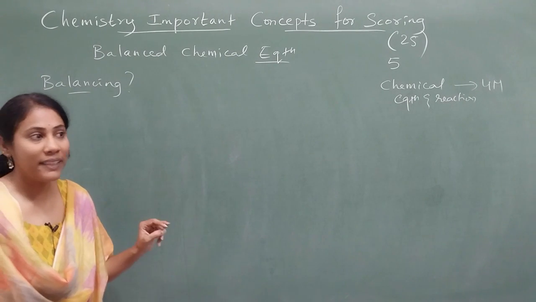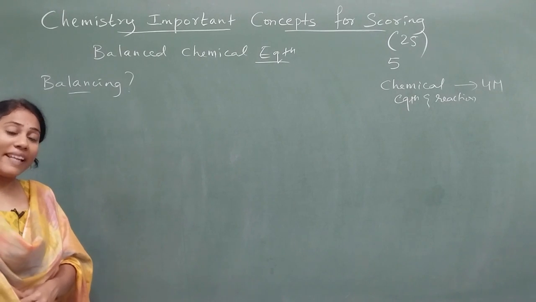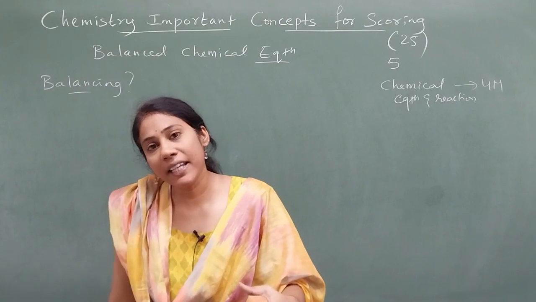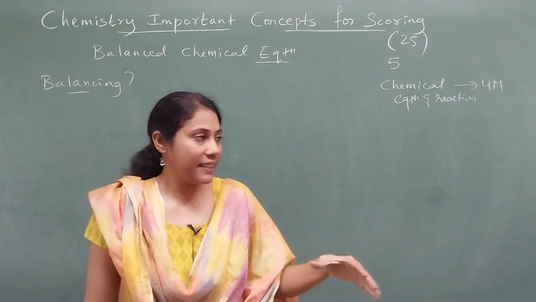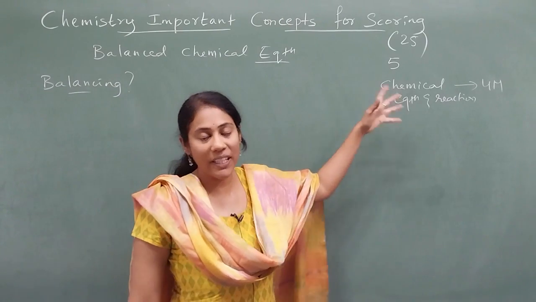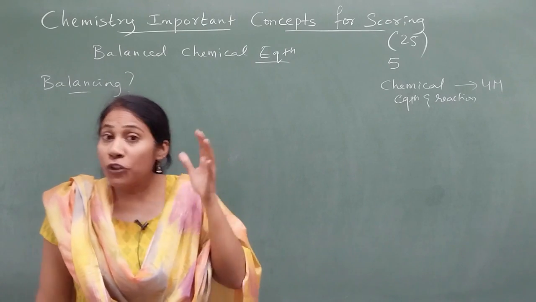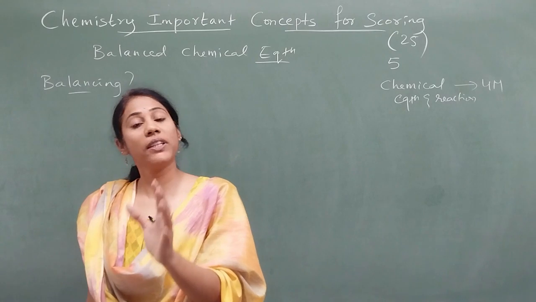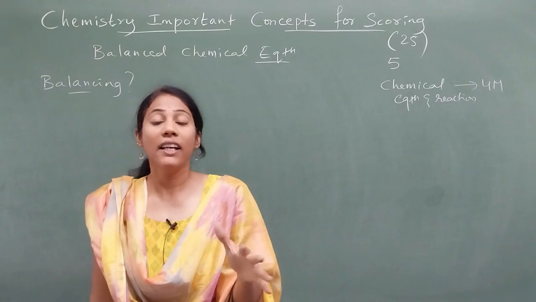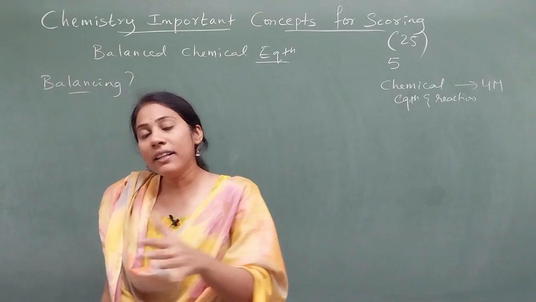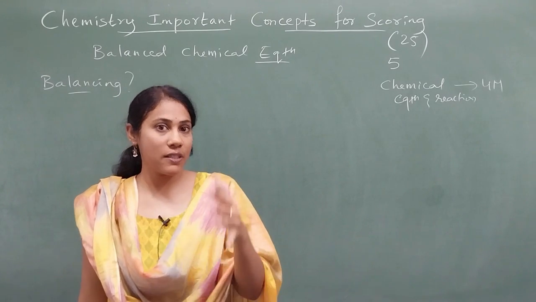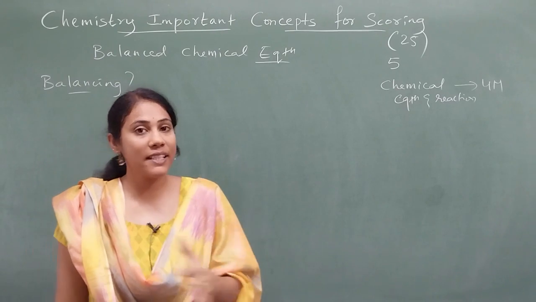You need not learn extra equations outside the NCERT textbook. Whatever chemical equations are there in the NCERT textbook relating to the 5 chapters of chemistry, only those equations will be asked in the final exam. They won't go out of NCERT. So practice all the textbook back questions, I mean the exercise questions for balancing, practice all of them.